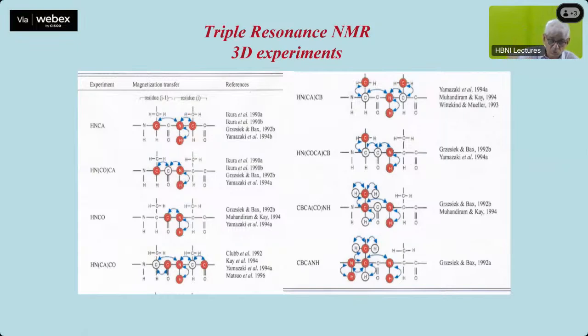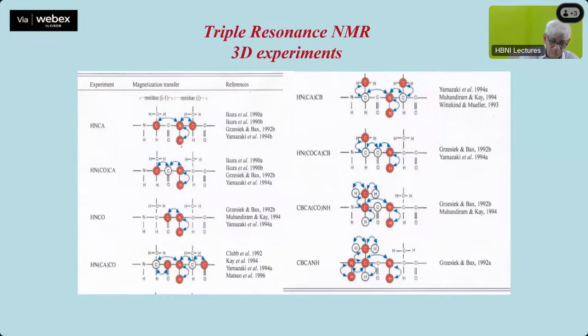And these are showing schematically the transfer of magnetization, transfer of information, or the labeling pathway, how the magnetization is transferred in the pulse sequence. Okay, so let us take for example the HNCA. So this is a three-dimensional triple resonance experiment. Why do you say triple resonance?